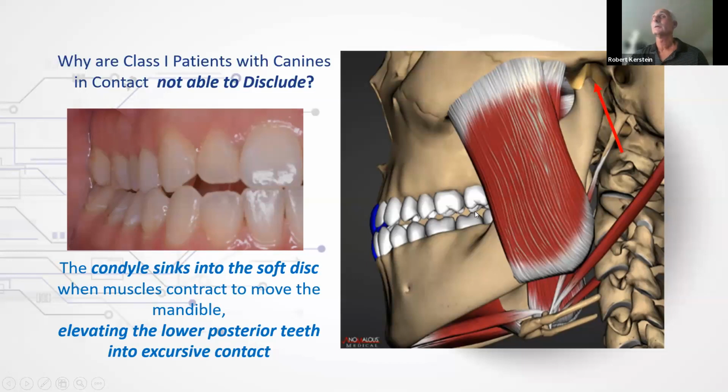And this occurs right around the central fossa. So this is why you see here the patients begin their movement and there's no disclusion yet. But maybe if they get out to the tip, they might have visible disclusion, but not measurable disclusion. And that's because of this phenomenon. The condyle is elevated into the disc, and that raises the back end of the mandible.